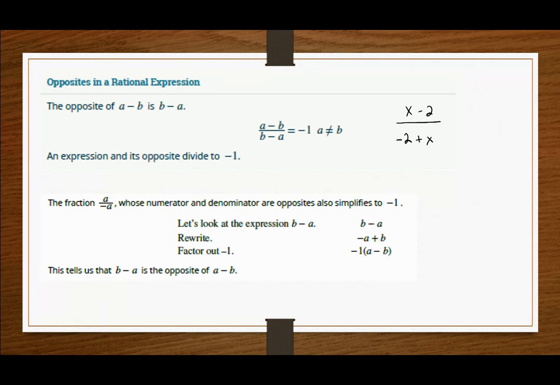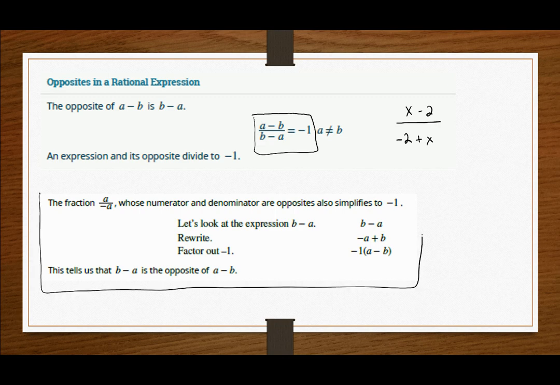Not quite the same, but pretty close. And so what this property tells me is that if the expressions are opposites, they will reduce to -1, as opposed to canceling each other out. And the specifics of this are highlighted down here, but I think it's best to look at a specific example in the context of a question. So let's take a look.